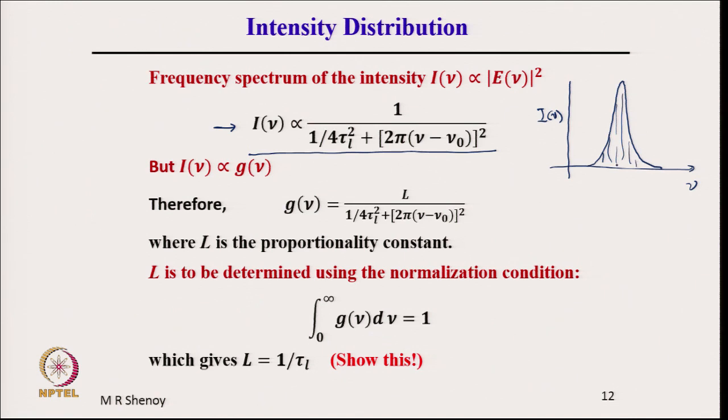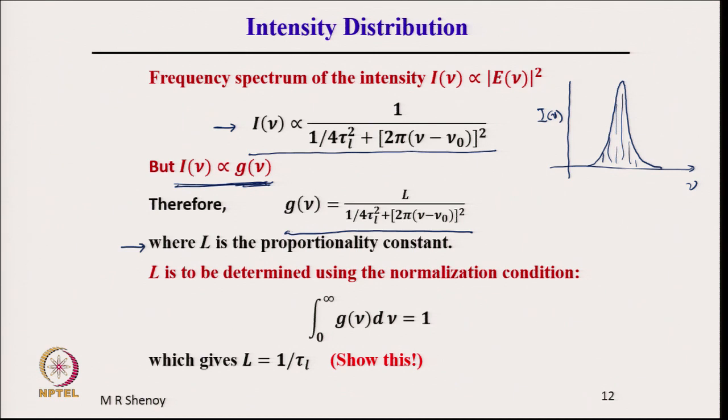Interaction refers to emission and absorption, and therefore, I nu is proportional to G nu, because strength of interaction is given by G nu. The intensity spectrum is proportional to the strength of interaction, and therefore, G nu must be proportional to I nu, or G nu is equal to some constant L into the term which is here, where L is the proportionality constant.